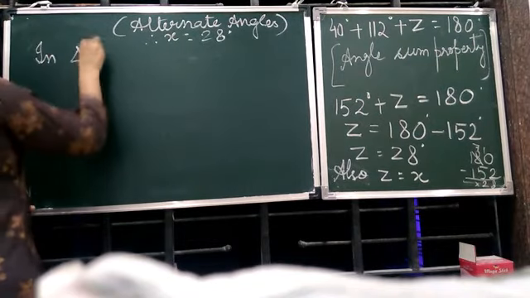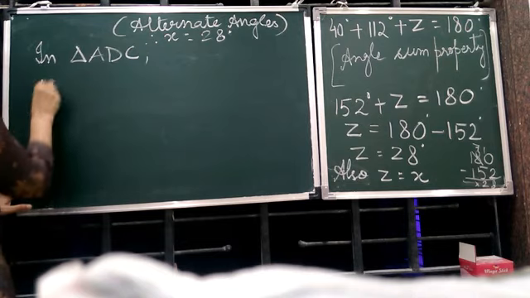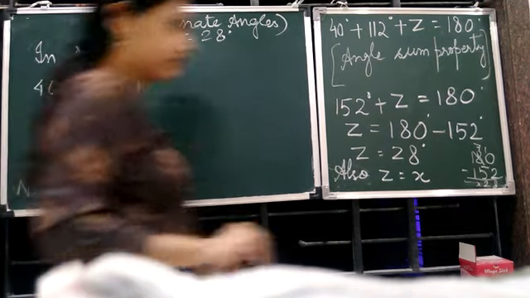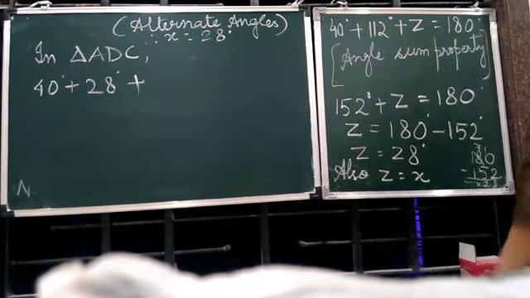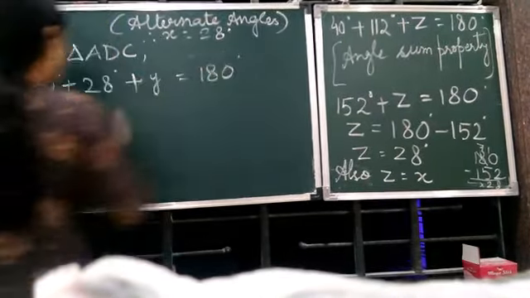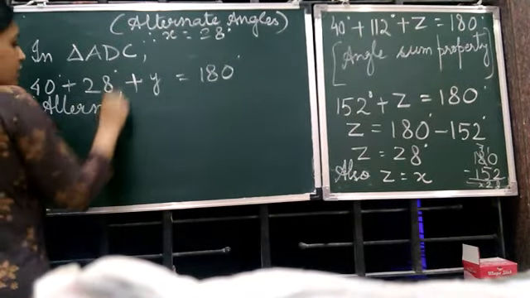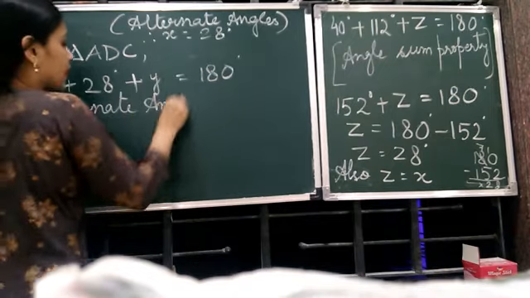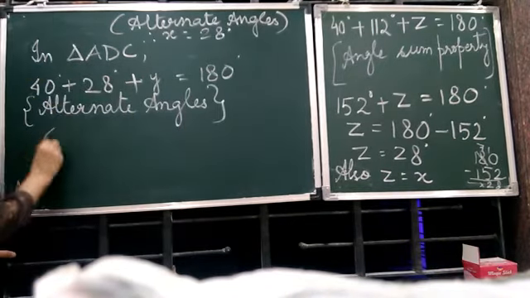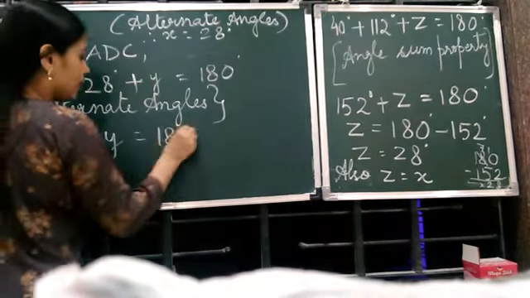In triangle ADC, 40 degree plus 28 degree plus Y is equal to 180 degree. Again, what is the reason? The reason is alternate angles. Yes, so this becomes 68 degree plus Y is equal to 180 degree.